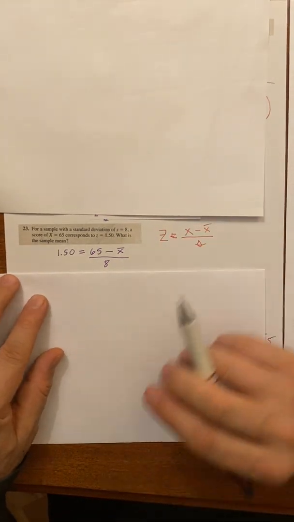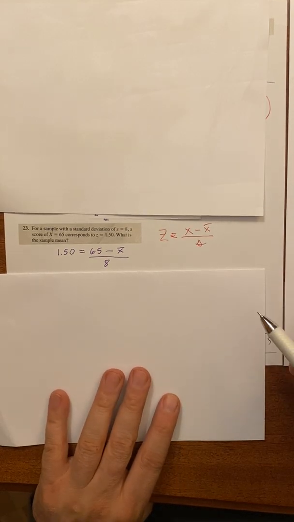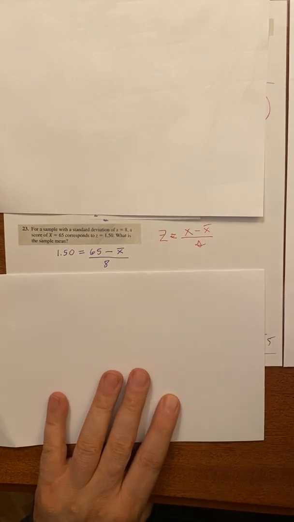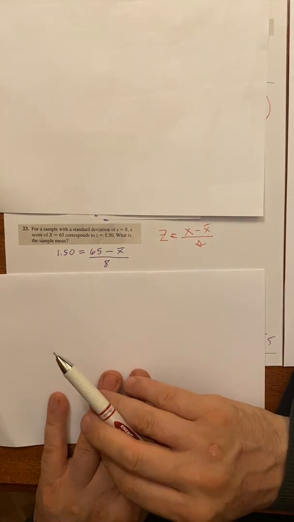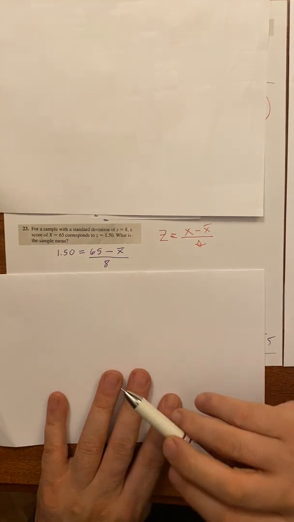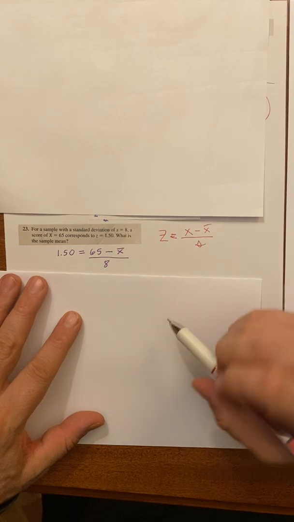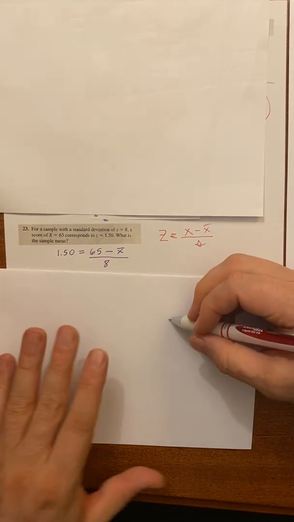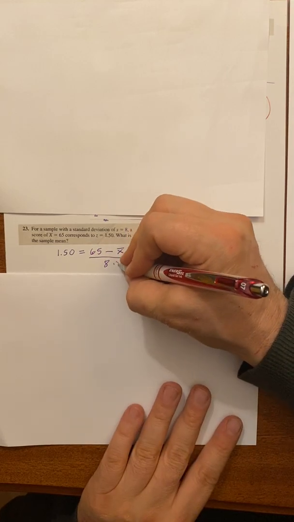What is the mean? Remember that our goal is to get the x bar by itself on one side of the equal sign. So to isolate that x bar, I'm first going to move this 8 out. Right now it's part of a division problem, so I'm going to do the opposite operation. I'm going to multiply it out.